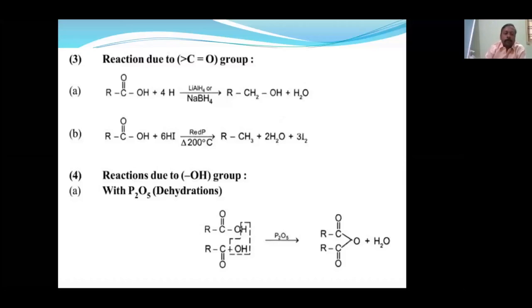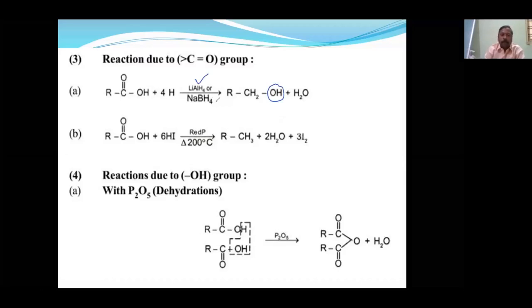Okay, next, in this we have changed our carbonyl group. Carbonyl group is changed to alcohol in presence of LiAlH4 and sodium borohydride. In presence of red phosphorus, it is converted to alkane.